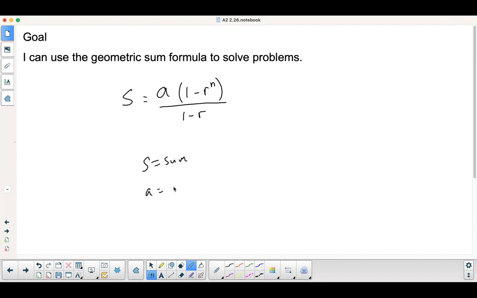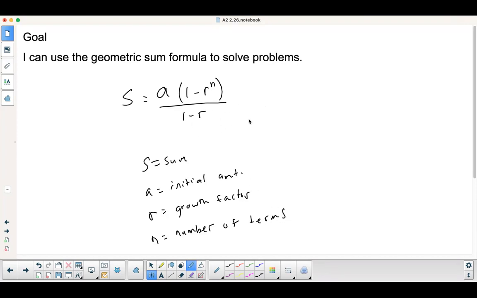A is the initial value, just say initial amount. R is your growth factor or growth rate, the number you're multiplying by. N is the number of terms that you're finding the sum of.